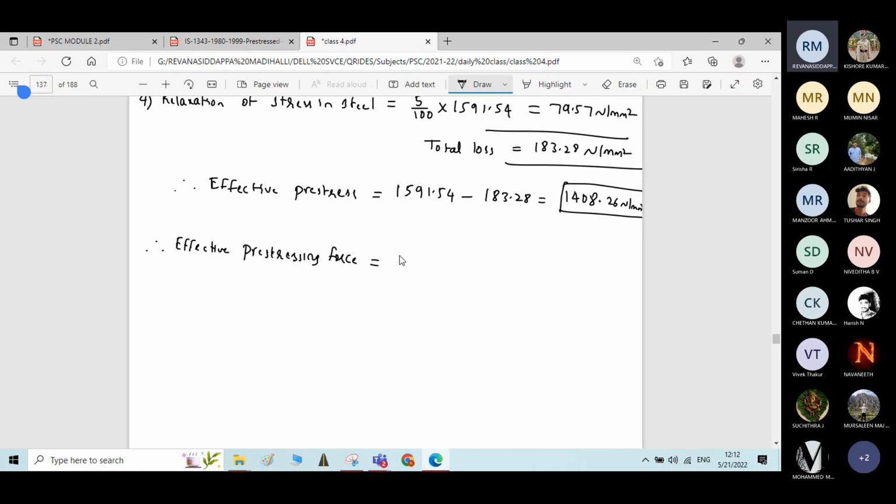That is 1408.26 into the area of cable: pi d square by 4, pi into 2 square by 4, multiplied by 60 cables of 2 mm diameter, will give the effective pre-stressing force. This is the force P.